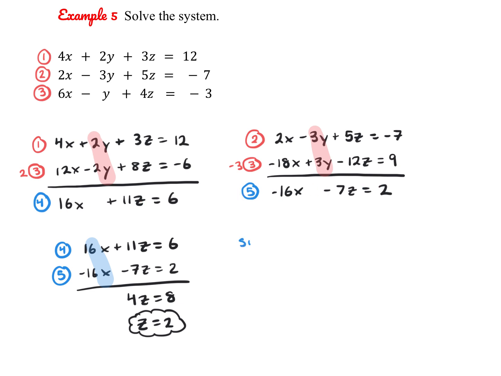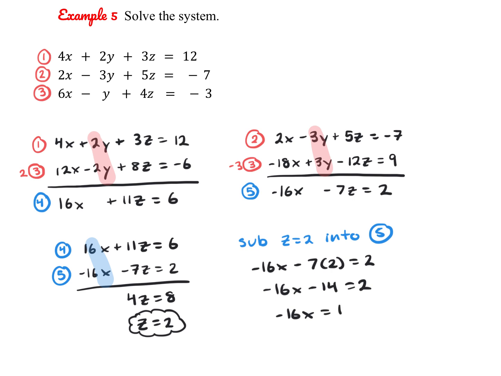So to show that work, we're going to write out sub z equals 2 into equation 5. Negative 16x minus 7 times 2 equals 2. Negative 16x minus 14 equals 2. And then here we can see that x equals negative 1.